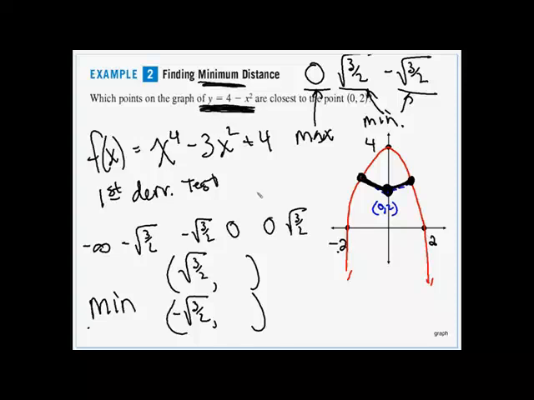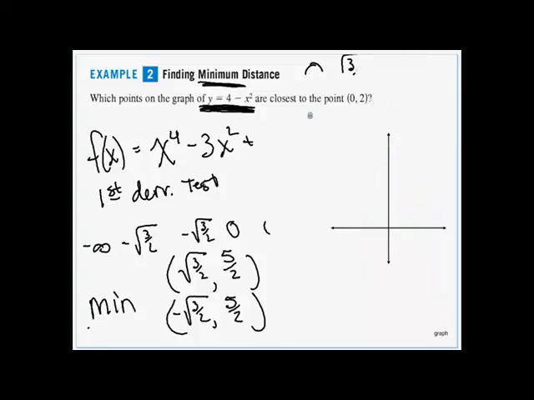And we'll find that they have y values of 5 halves. So this point here on the graph is the root of 3 halves, 5 halves. And here on the other side, we have a negative x value, the negative root of 3 halves, 5 halves. And of course, my graphic is kind of a sketch there.